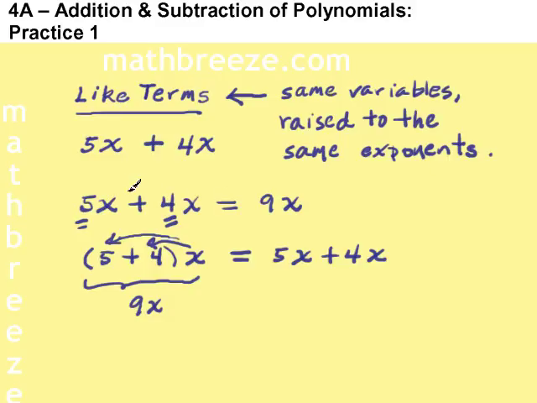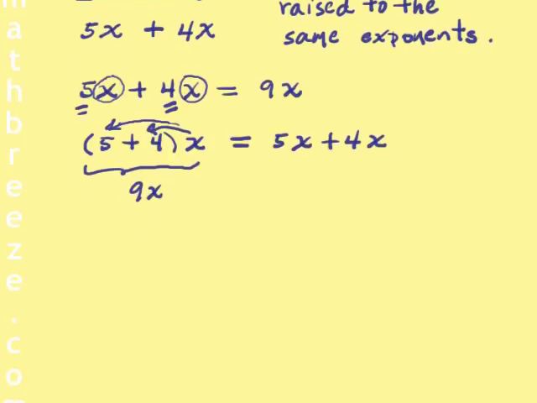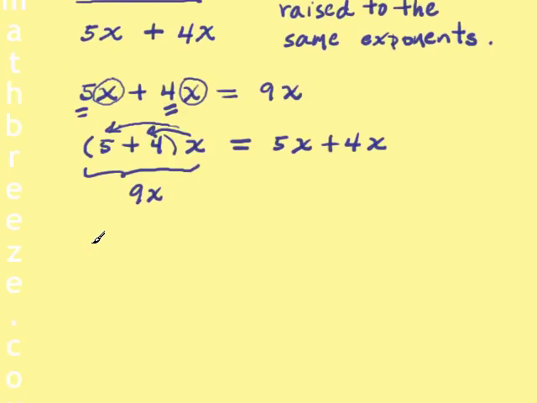Now this required that we were able to pull out the x in front, or to factor out the x. We can do that only if these two are the same. So like terms have to have the same variable and same exponent. For example, let's say we had 5x cubed plus 4x cubed.